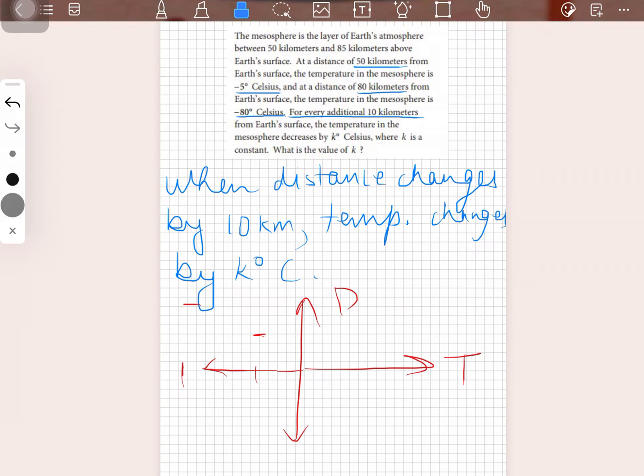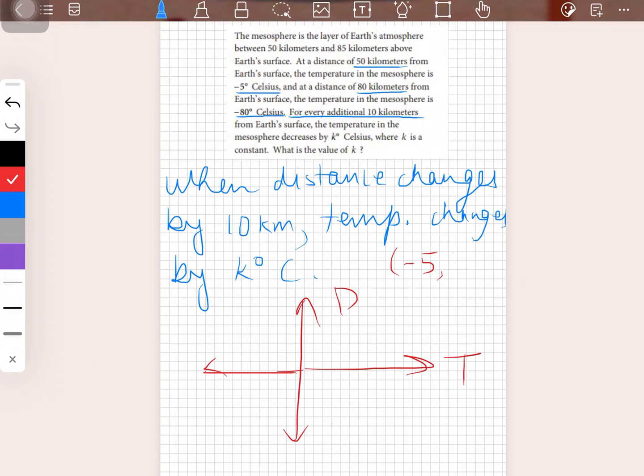So we've got two coordinates. If we put Celsius on the x-axis, the coordinates will be minus 5 comma 50, and minus 80 comma 80, isn't it?